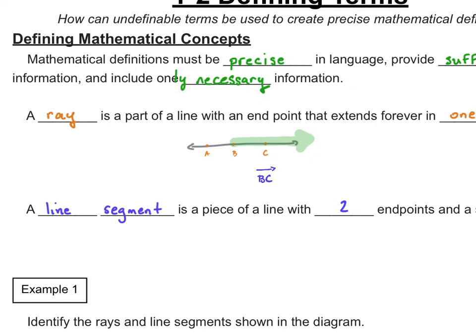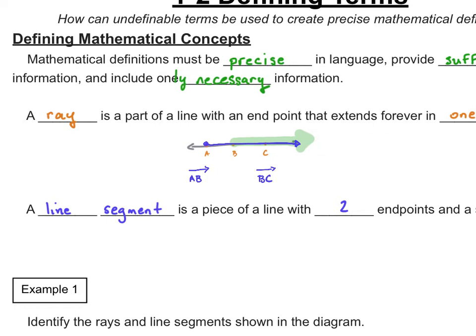Now, if we were to turn around and say we have ray, how about AB? Starting off at A and then continuing on forever in this direction, that would look something like ray AB.